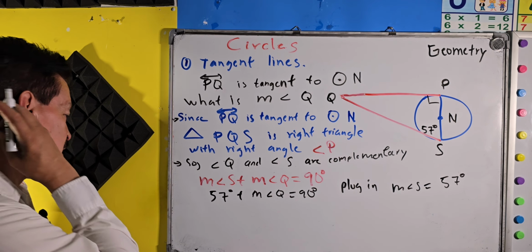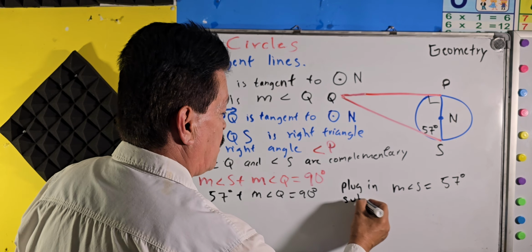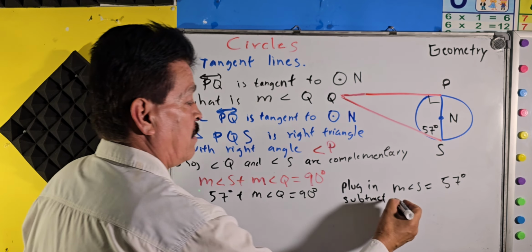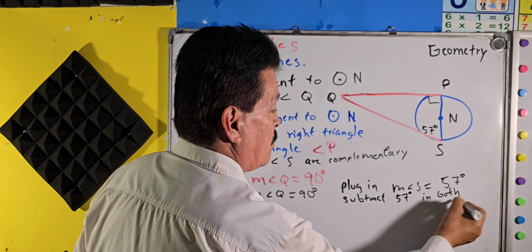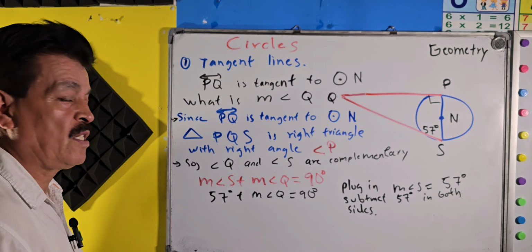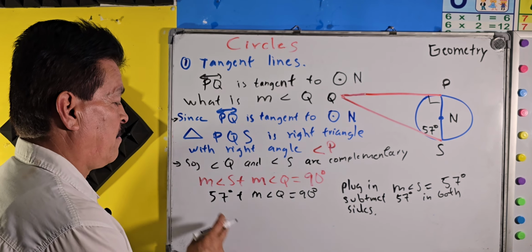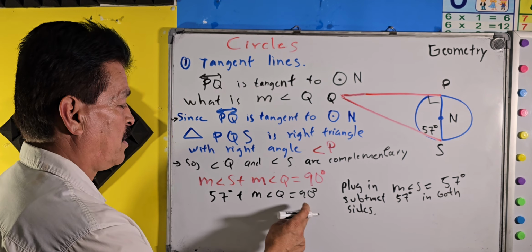Here, next step, we have to subtract 57 on both sides. Because here is addition, we move to the other side and subtract.